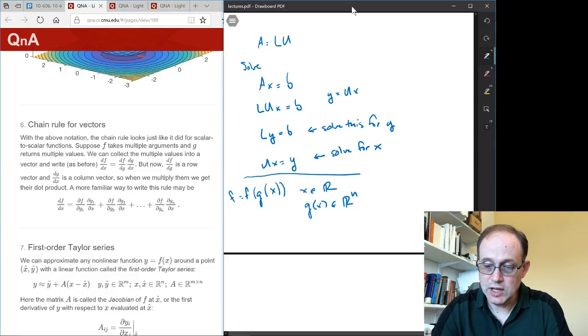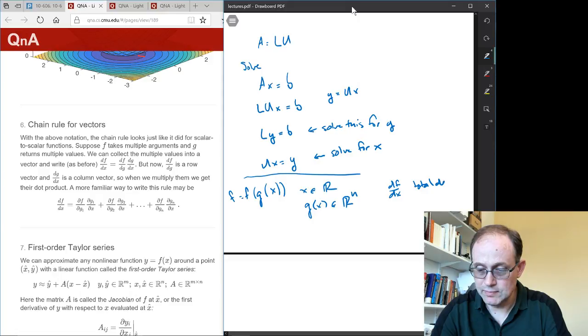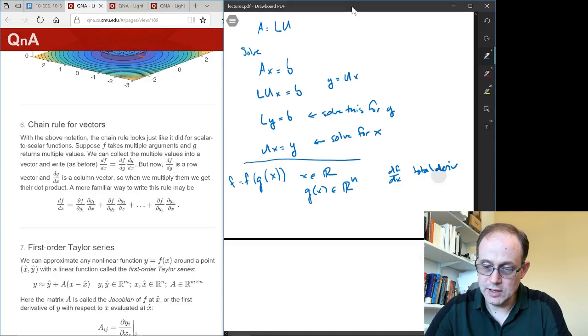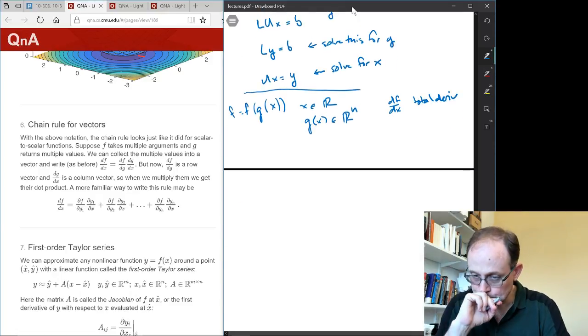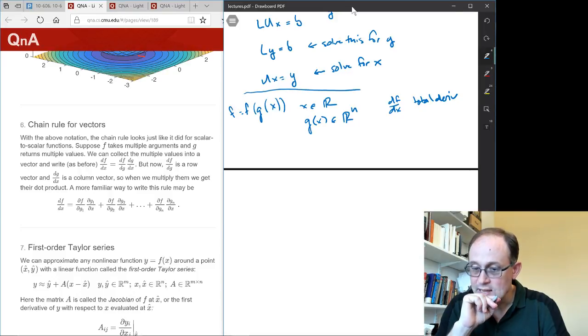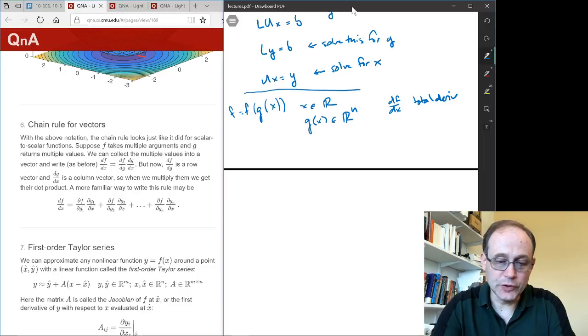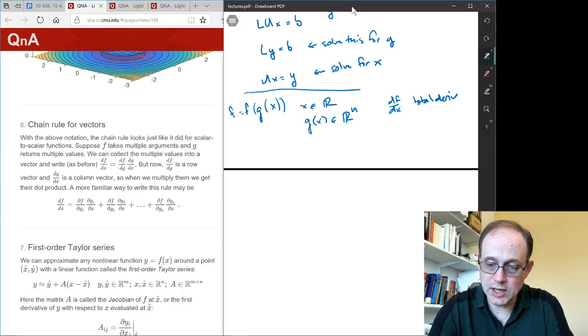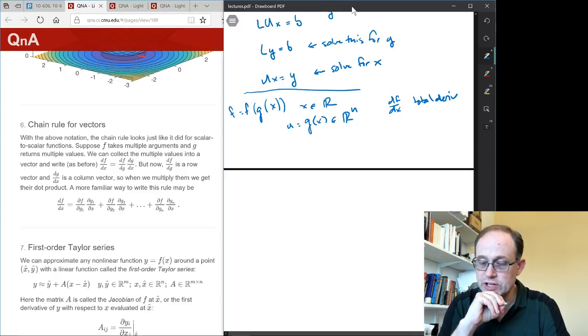And so if we want the total derivative, df by dx, that's called the total derivative. Sorry, one more bit of notation. We'll just say u is equal to g of x, right?